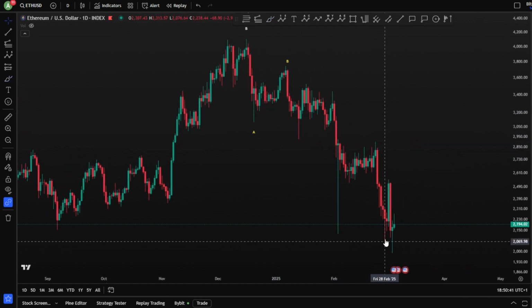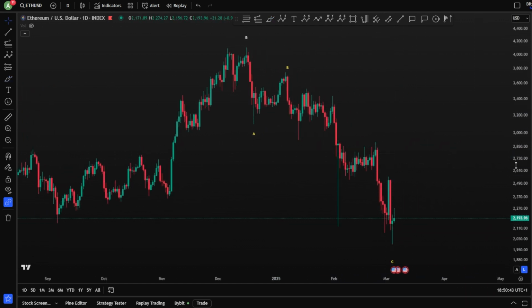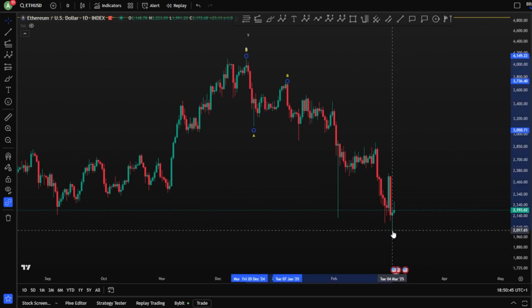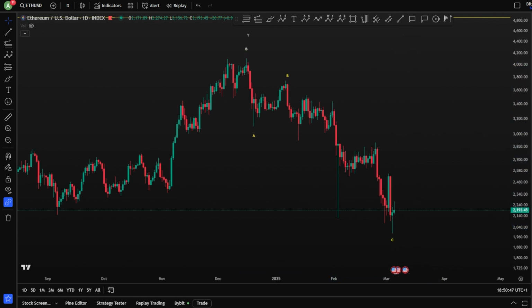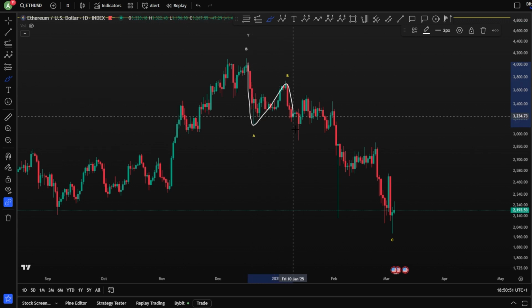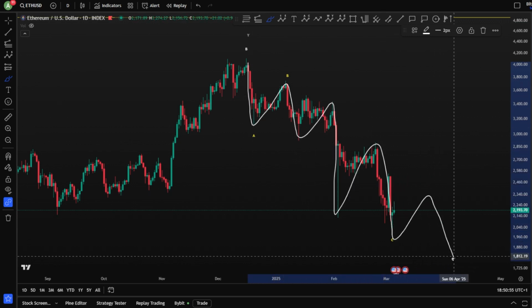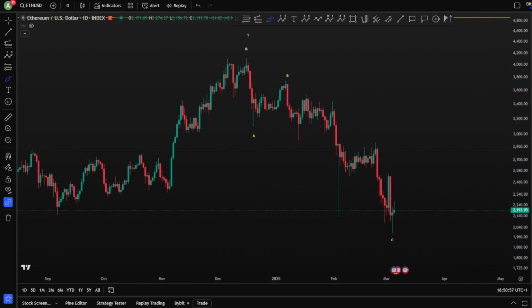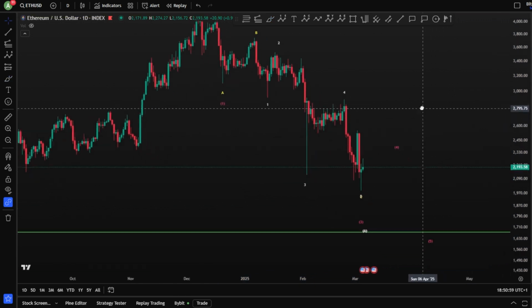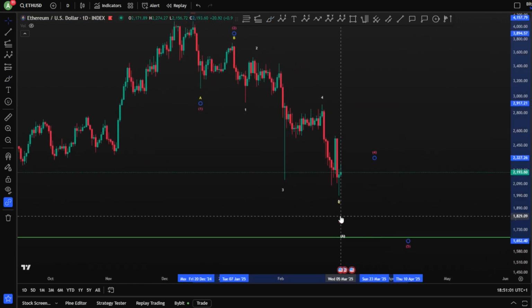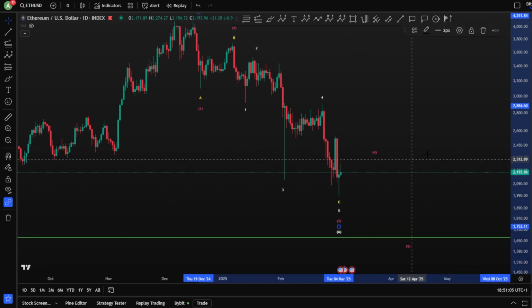And then an impulsive wave 5 has been unfolding here for a wave C, potentially in another scenario where you would like to see here a potential 1, 2, and then 1, 2, and then 3, 4, and a 5. Then you are still looking for one more wave 4 and a 5 toward the downside. And this is exactly what we mean. One more wave 4 and a 5 can still be possible as well for Ethereum.